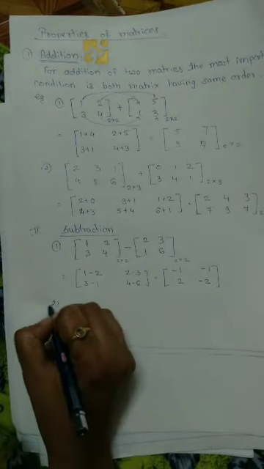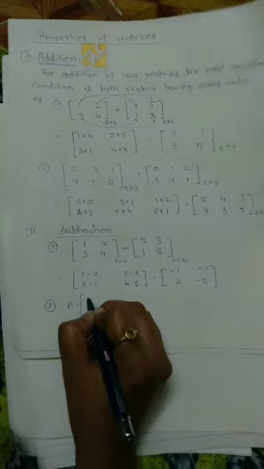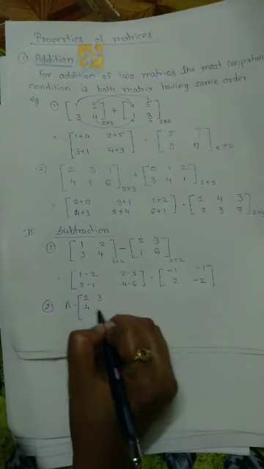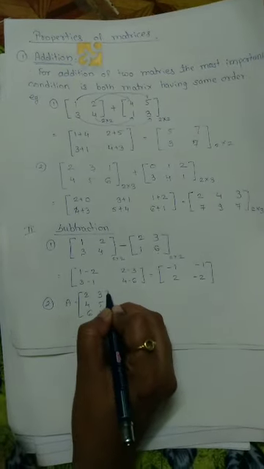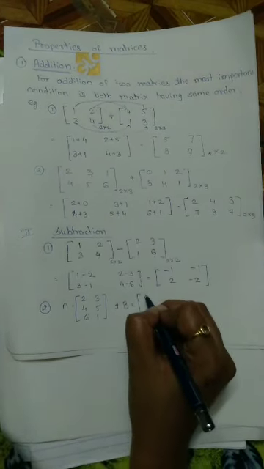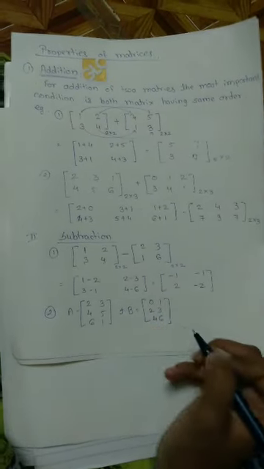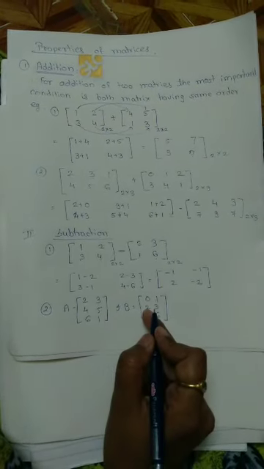One more example, suppose A is equal to 2 3 4 5 6 1, and B is equal to 0 1 2 3 4 6, and we want to subtract these two matrices.